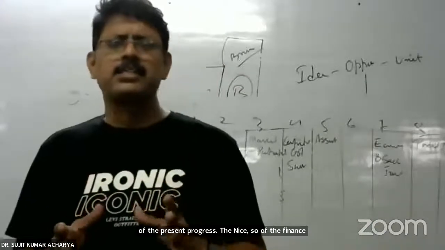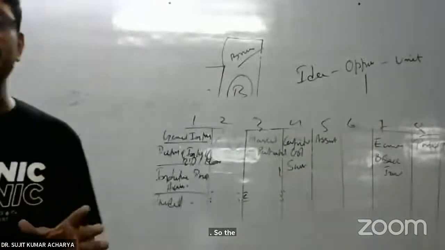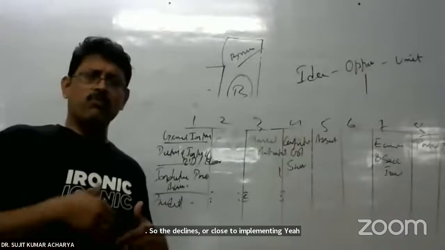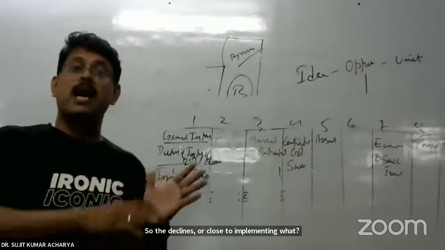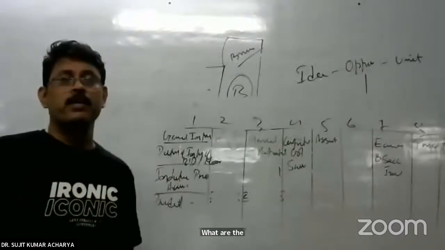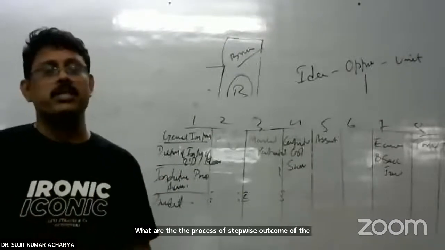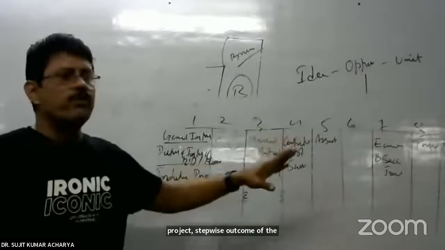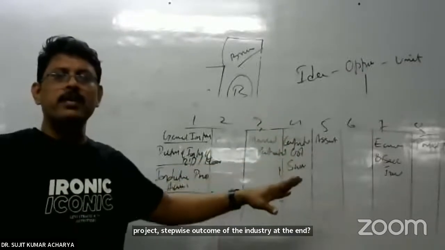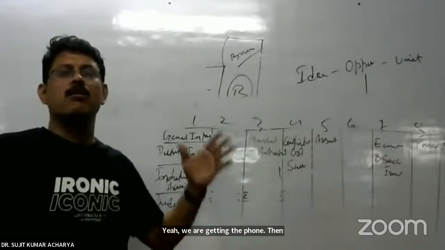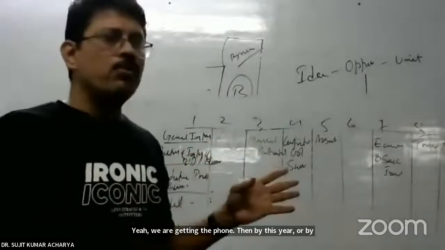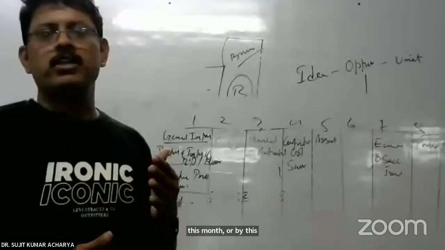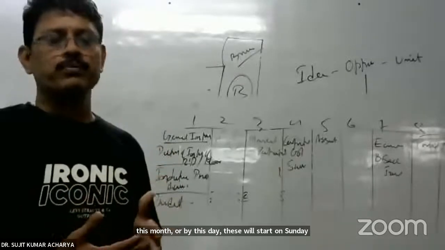So the deadlines of project implementation are to be discussed: the different processes or stepwise outcome of the project, stepwise outcome of the industry. At the end, if we are getting the fund, then by this year or by this month or by this day, this project will start functioning or start giving its output.